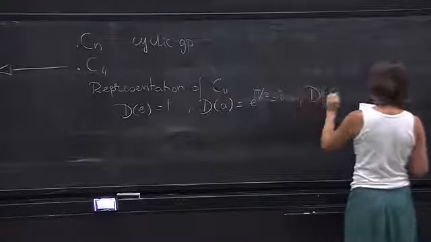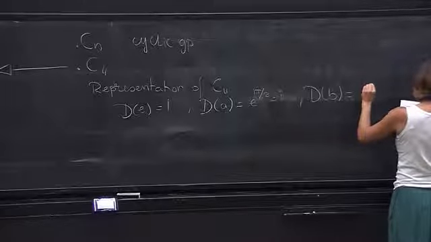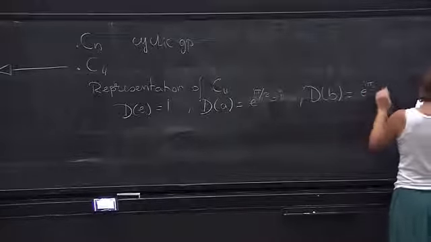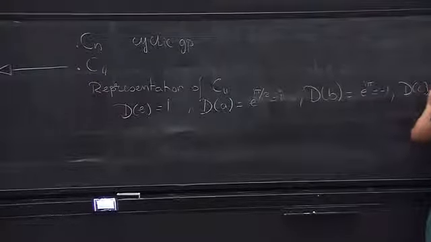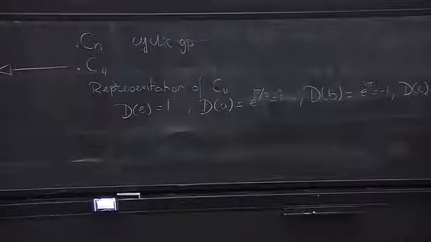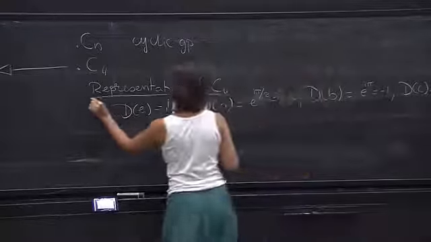Then you understand that we are on the cyclic group, and here we get minus i. So this is a representation of C4.